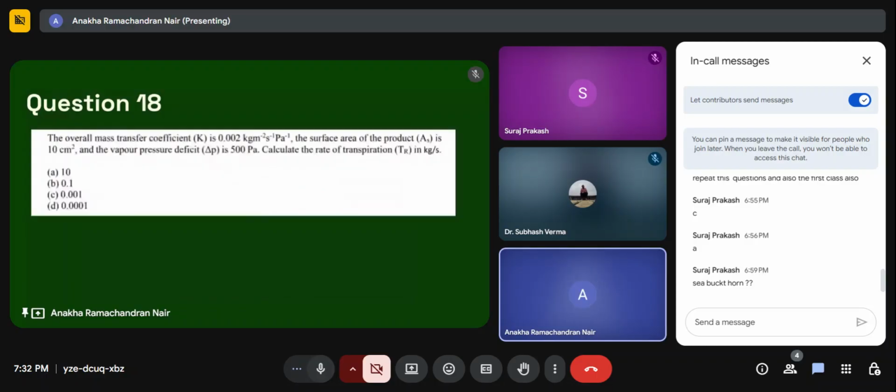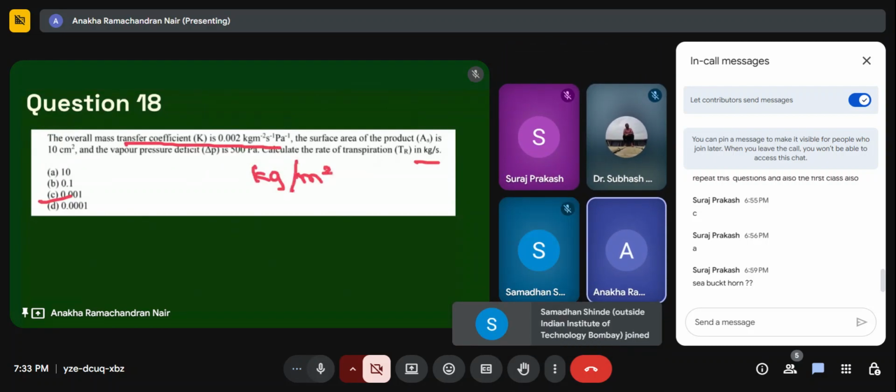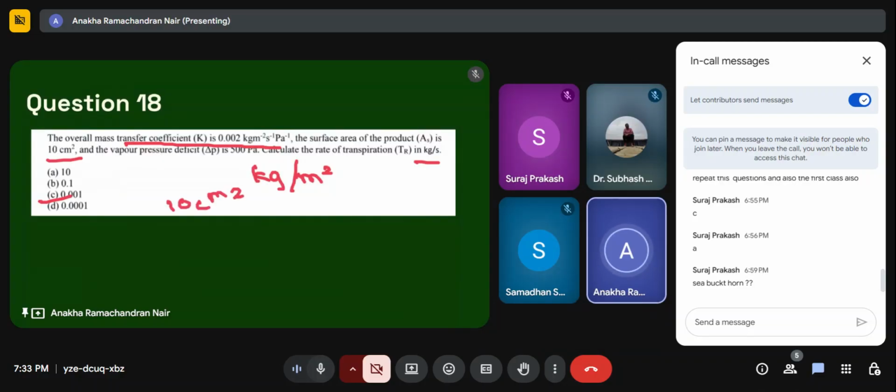Any doubts in this? All right. Yeah, so in this case, I forgot to mention, since there is no distance unit here, like meter or centimeter, and the mass transfer coefficient is given as kilogram per meter square, and the surface area is given as 10 centimeter square, you'll have to convert this 10 centimeter square to meter square.